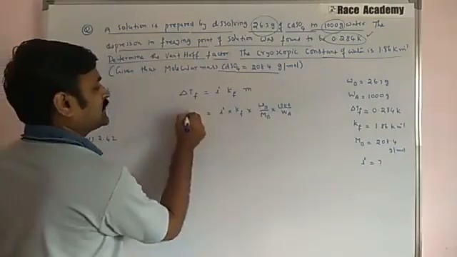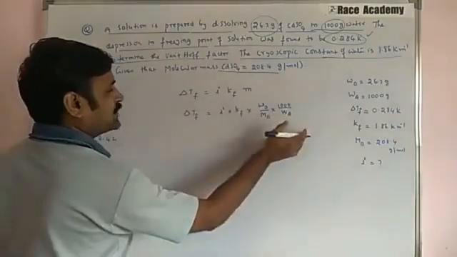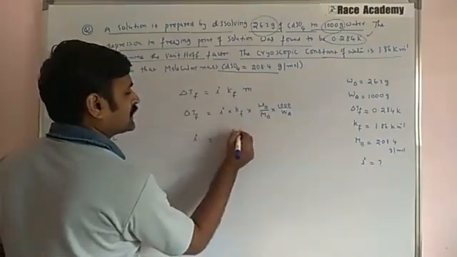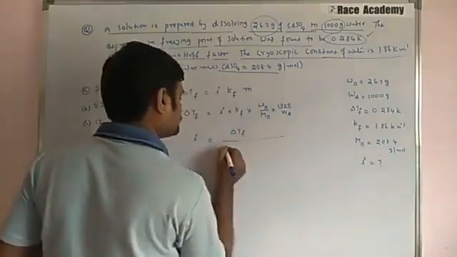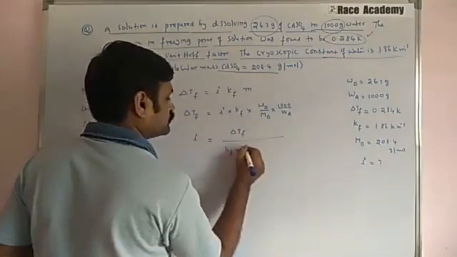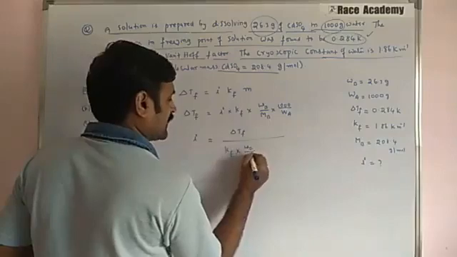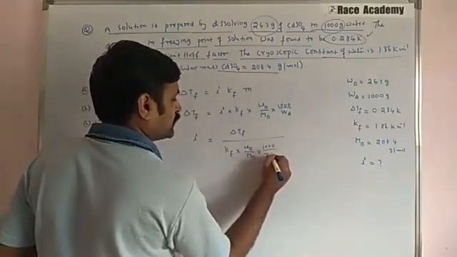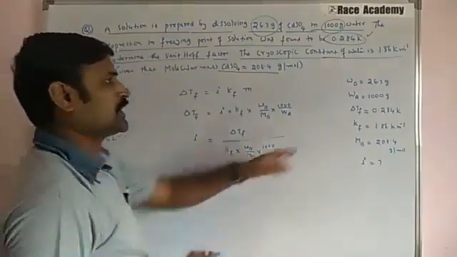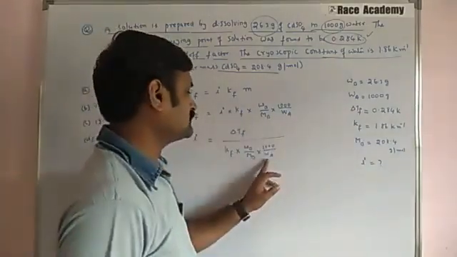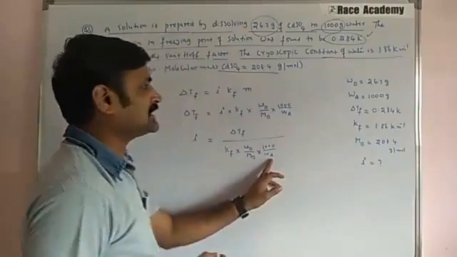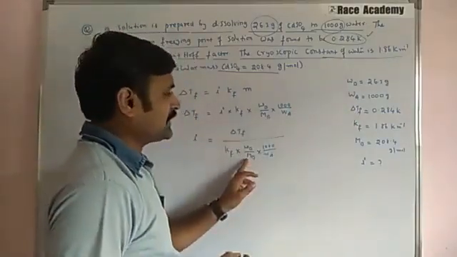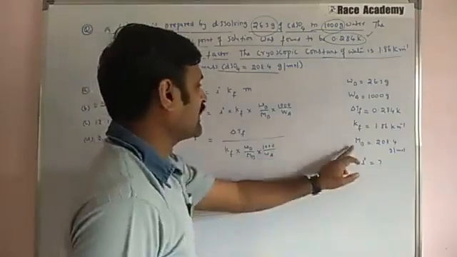Now we will find I. I is equal to delta TF divided by Kf into WB by MB into 1000 by WA. As you know, WA value is 1000, so 1000 will get cancelled. WB value is 26.3 and MB value is 208.4.